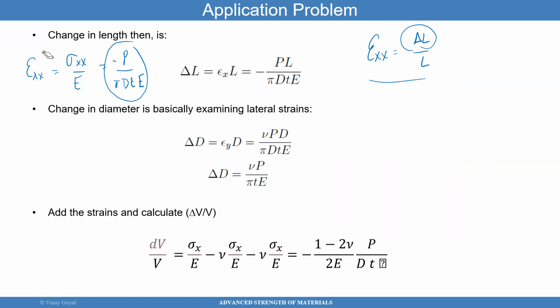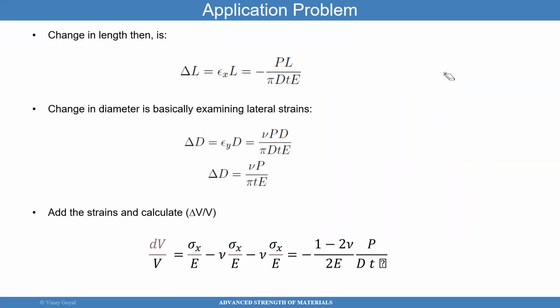So the next question becomes, how do you calculate the change in diameter? Well, we know that when we compress a structure, it's going to expand in the other direction. So we know that epsilon yy is going to be minus nu times epsilon xx. That should be an easy thing for us to figure out. We know this is minus nu times epsilon xx, which I already calculated earlier without the L, obviously.